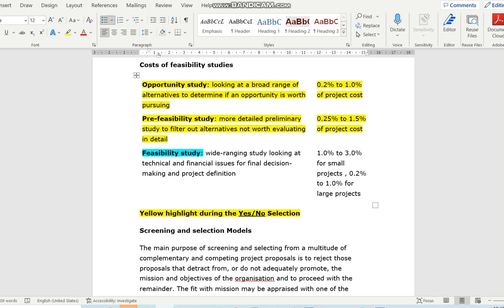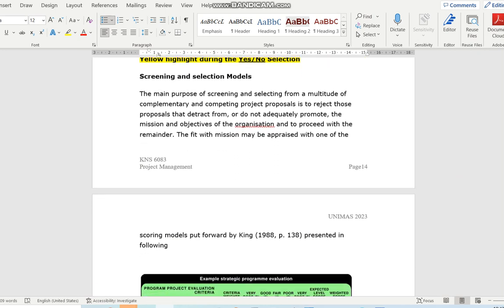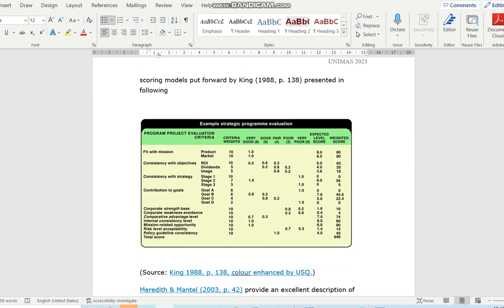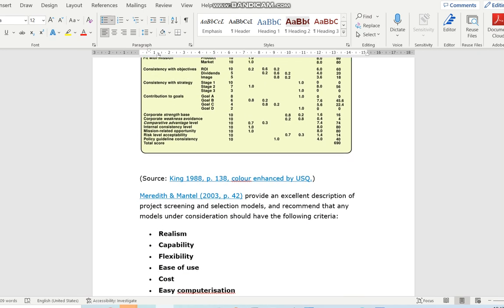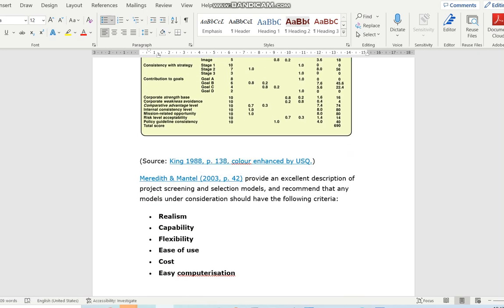So this is the part where we talk about whether it's a yes or no. And for this yes or no, you can have your own program evaluation, and then you can do your own rubrics. But there are some people who say that you can look at a few umbrella areas, such as whether it is realistic to do, whether your company has the capacity to do it, and whether it can be flexible.